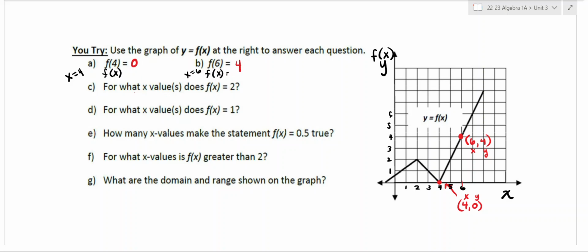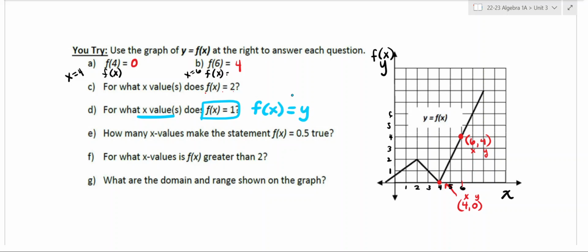For what x values does the function equal 2? So this is that other backwards question, if you want to think about it that way. Orange and red are going to look very similar on the screen, so let's go with light blue. For what x does f of x equal 1? All right, so this is where you have to remember notation. F of x equals y.